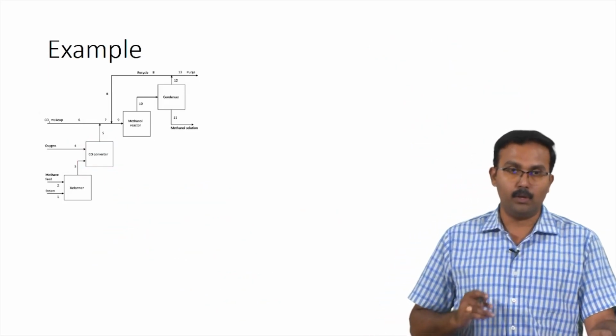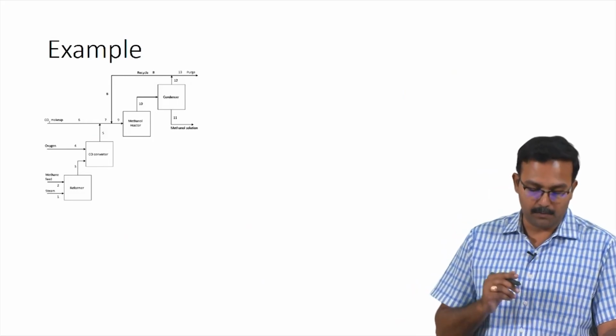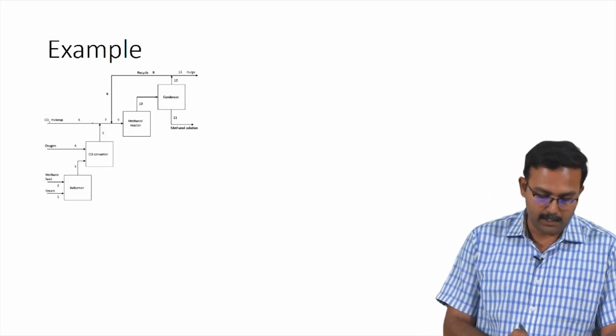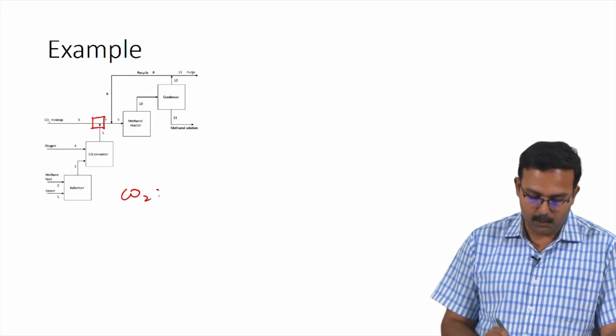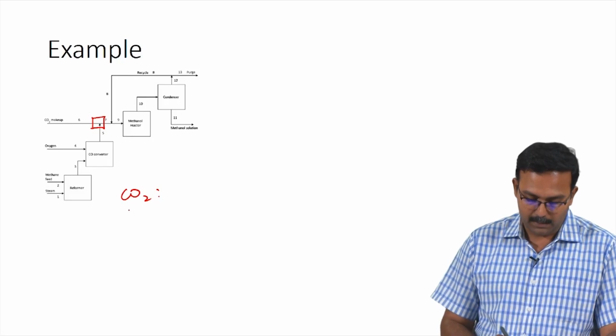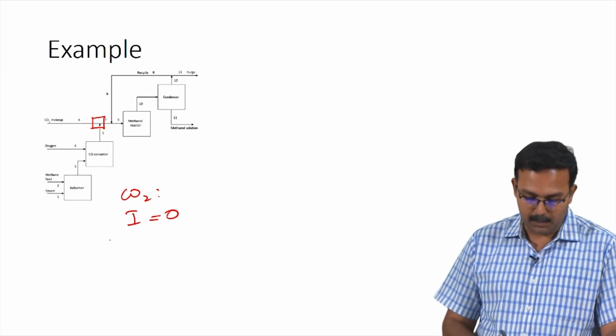Now that we know 128.7 moles of CO2 is present, we can write a balance for the mixing point for CO2. The CO2 balance for the mixing point would be input equals output. So, you have two inputs here.